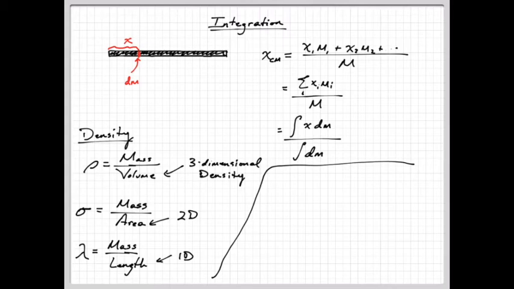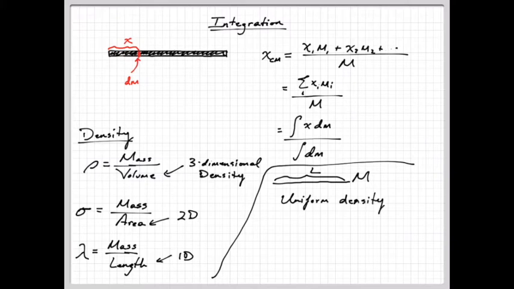Okay, so let's consider the first problem of finding the center of mass of a solid object. Imagine this stick of length L and a total mass M. And it's important, you'll see this in the problem, and it's a key word that you really have to pay attention to: we will say that this has a uniform density.